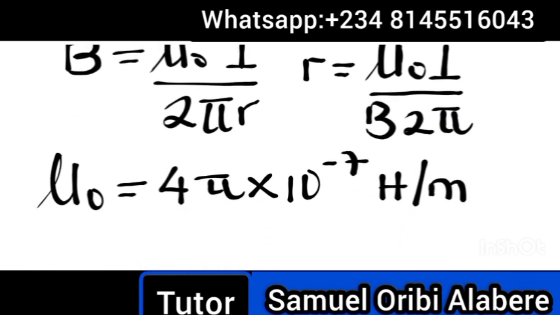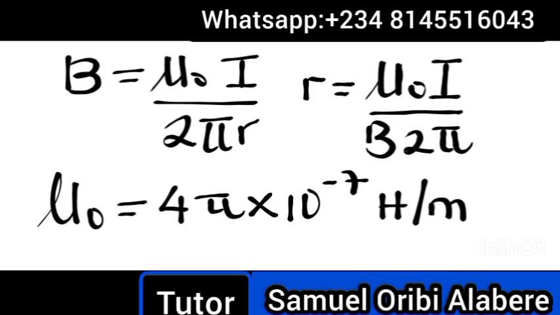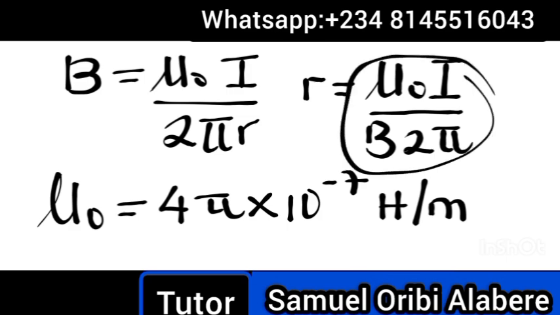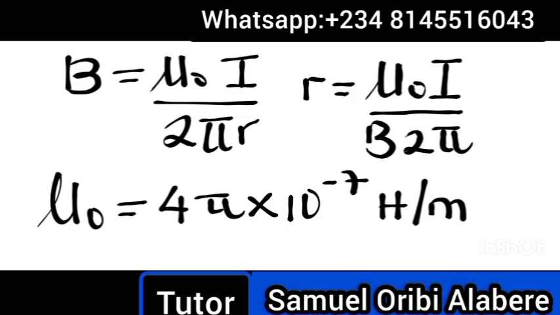Then the permeability of free space is equals to 4 pi times 10 raised to power of negative 7 Henry per meter. So when we substitute these values into the equation, we will now get our value of R.